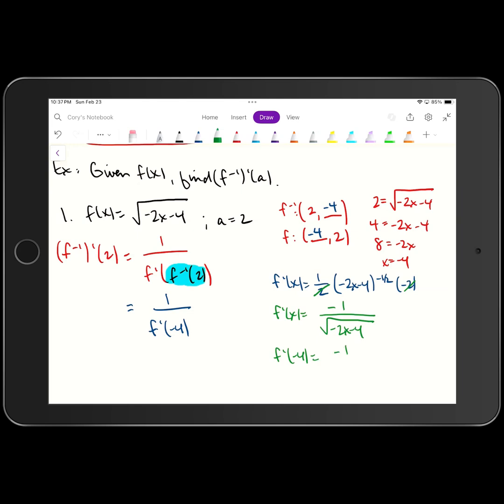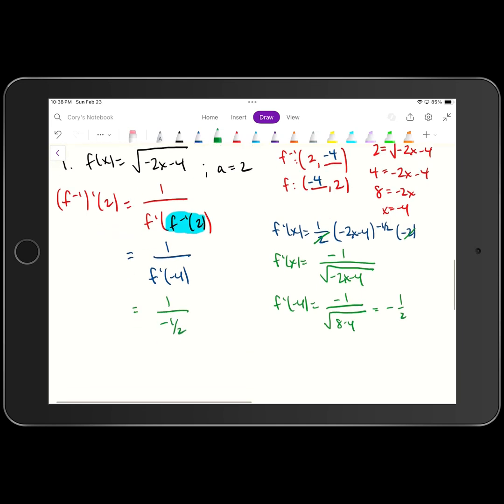So we get negative 1 over, when I plug negative 4 in, 8 minus 4, which is negative 1 over rad 4, which is negative 1/2. And this becomes 1 over negative 1/2, and the reciprocal of negative 1/2 is negative 2. So that is what the inverse's derivative is at 2.